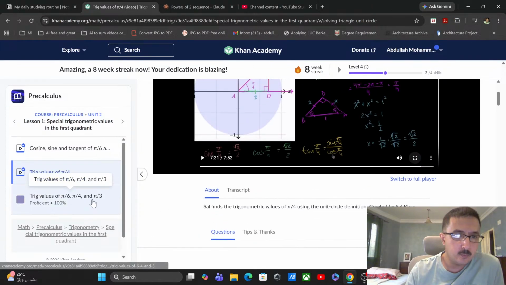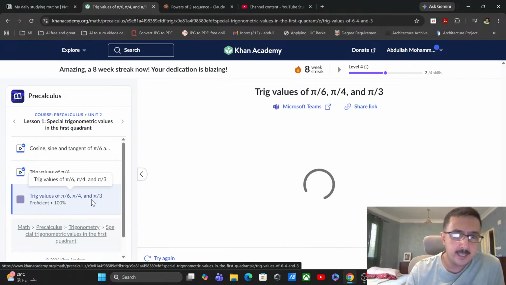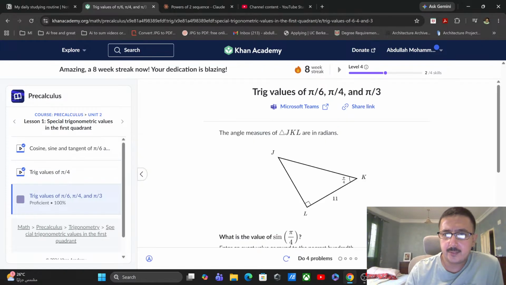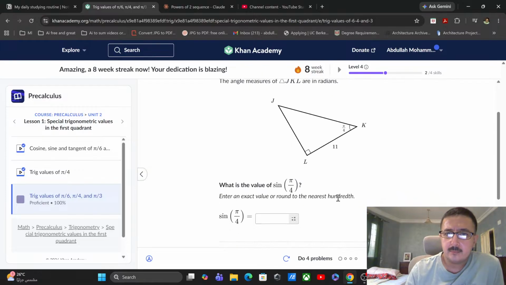That's what he is saying. So back again at this, the sine of pi over 4. Here's the question: how do I know that this is the x and this is the y? So this must be the hypotenuse.